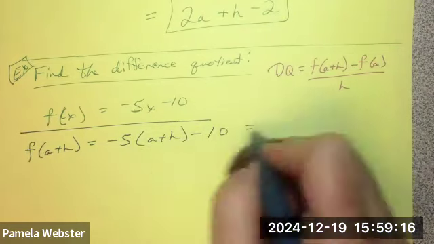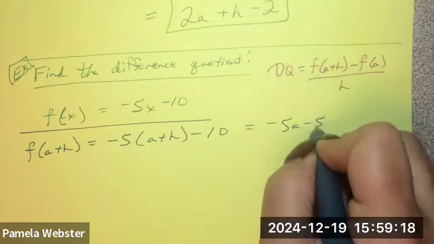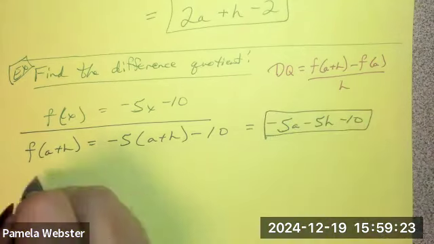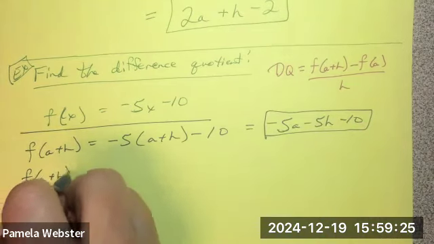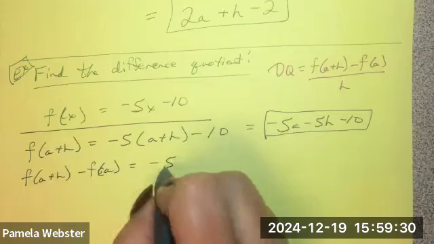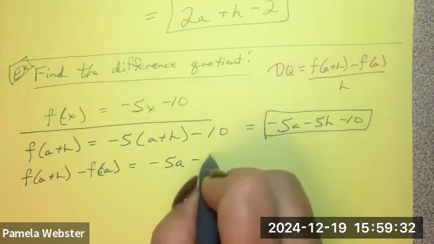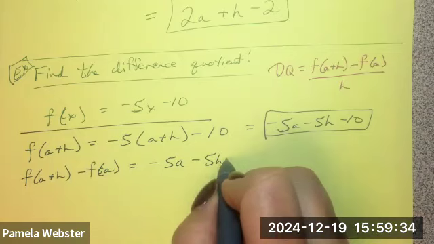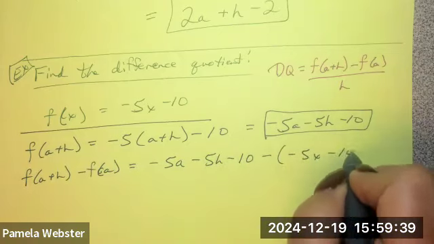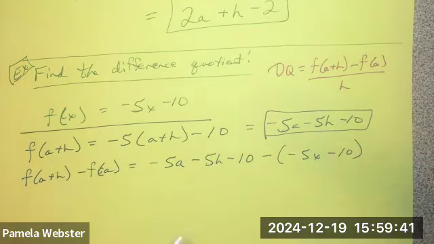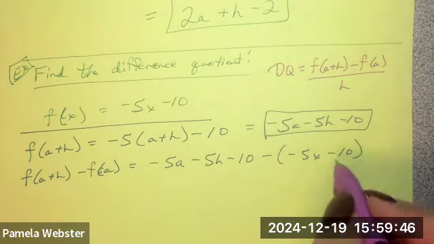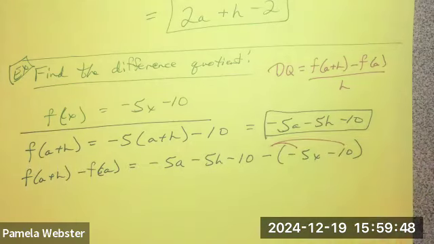Plugging in my a plus h. There's my answer for that step. Subtracting the f of a, I mean. If you're subtracting it, you sure better put in those parentheses so you know both of these are going to change signs, right? So I'm going to distribute that through.